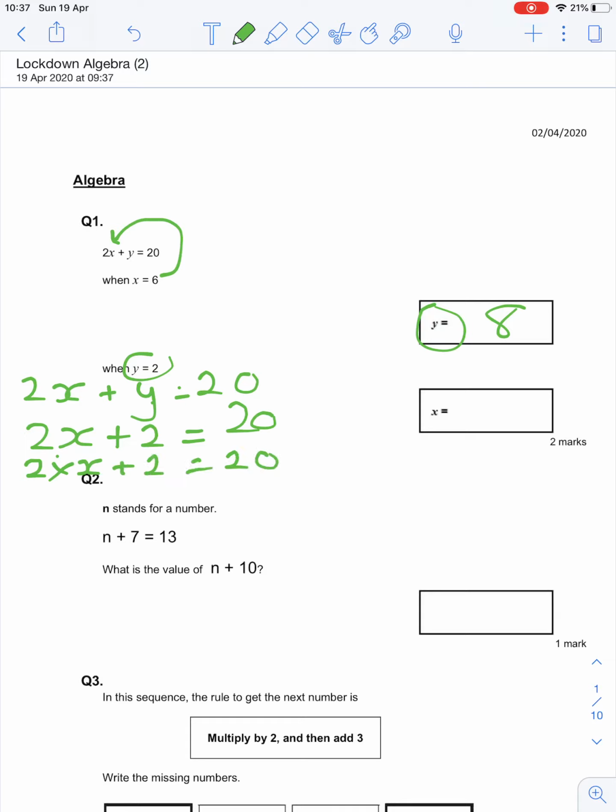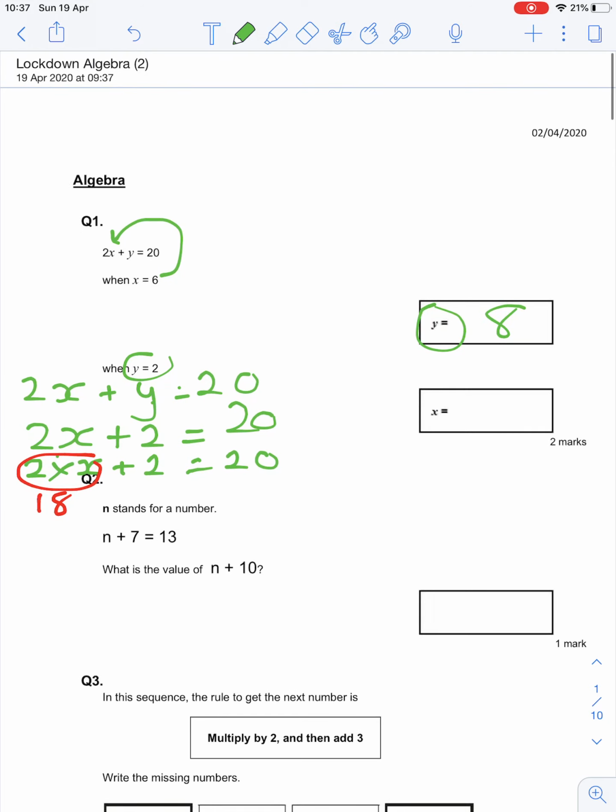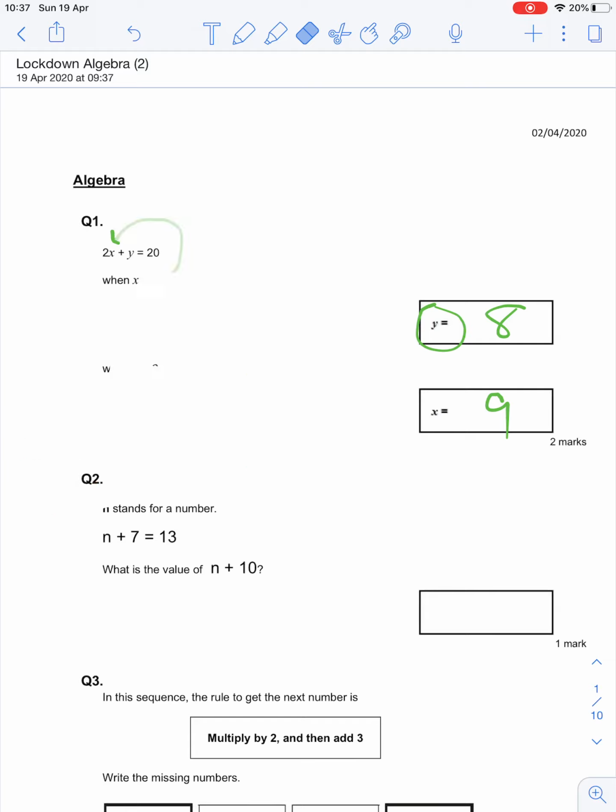So whatever these two add up to must be 18, because 18 plus 2 equals 20. So 2 times something equals 18, and I know that 2 times 9 equals 18.